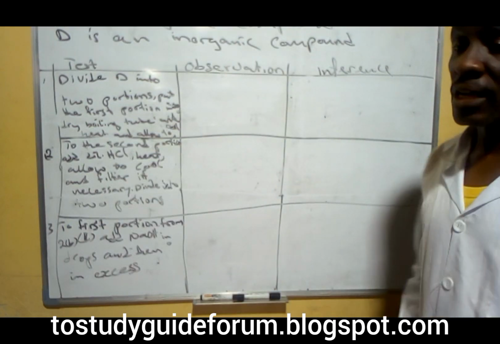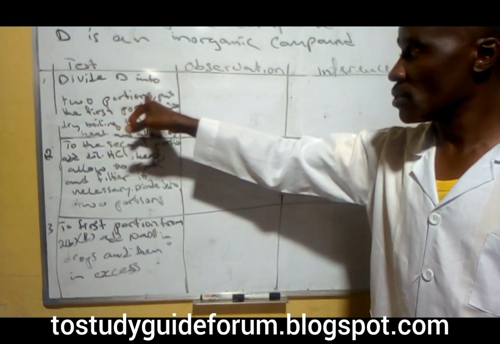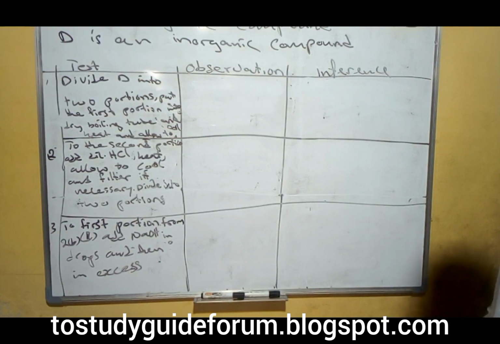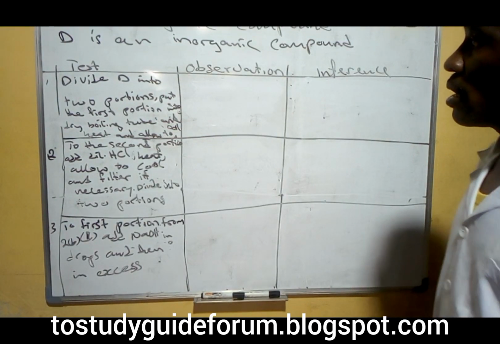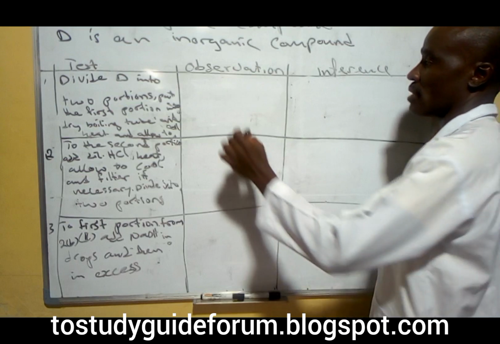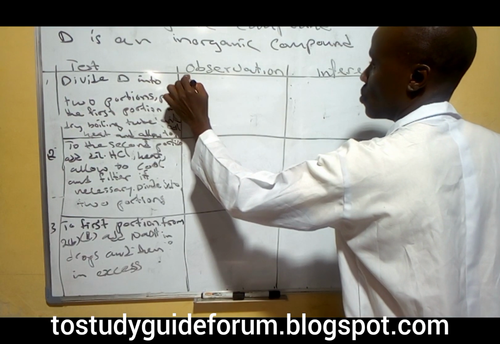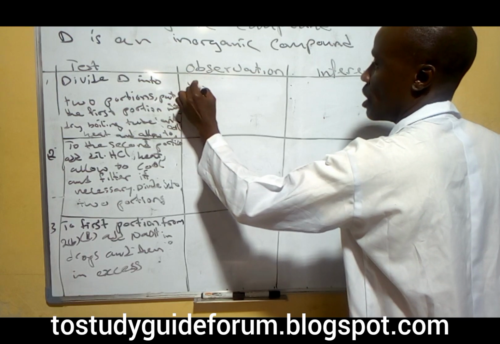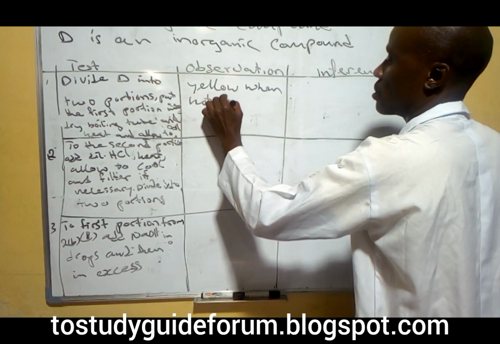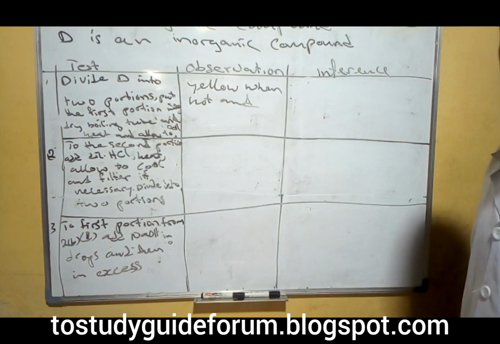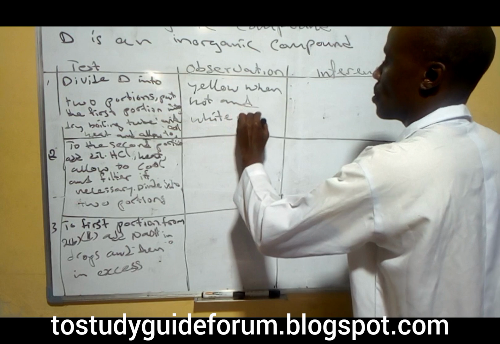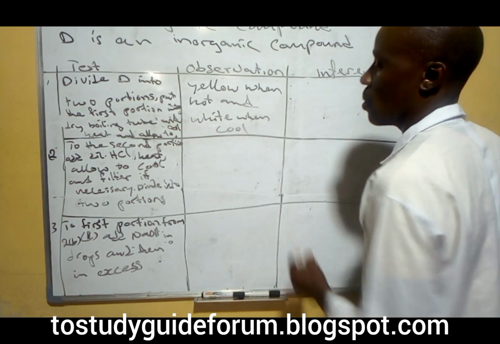The first thing they ask candidates to do is divide D into two portions. Put the first portion into a dry boiling tube, heat gently and allow to cool. When you heat D, you find out that when it's very hot, it will be yellow, and then it will be white when cold.